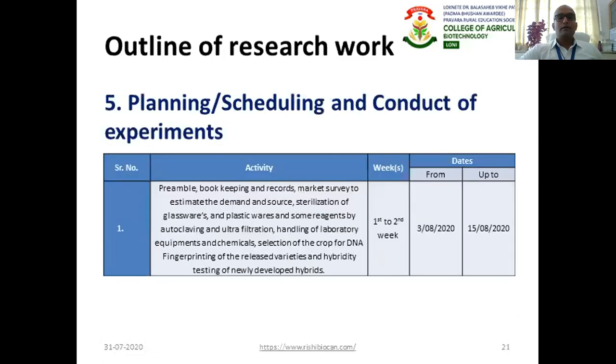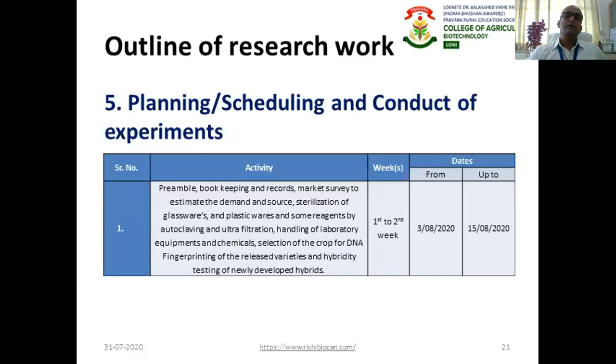So the fifth point in the outline of research work is planning and scheduling the conduct of experiment. This is very simple. You have to make one table with serial number, then the type of activity you are going to do, then for that activity, what is the time limit. Maybe if you have 6 months, so in the first week of the first month what we are going to do, then you can add dates.